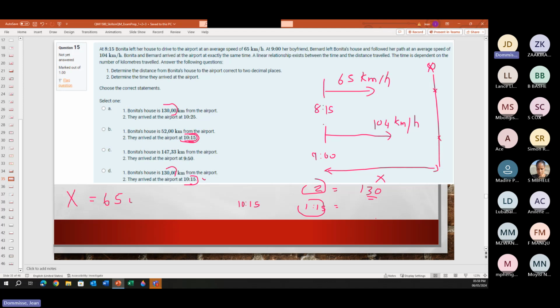Okay, so what fractions are we using? Are we using fractions? Let's quickly check. So 1.6.